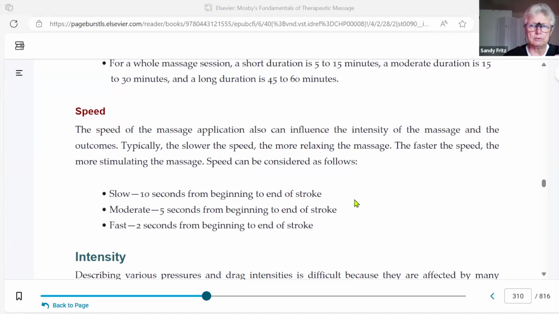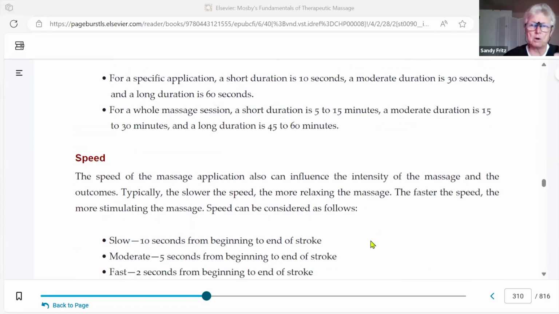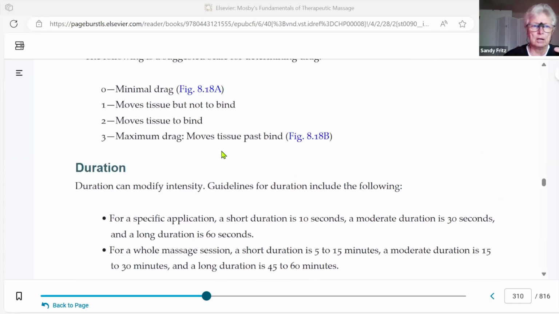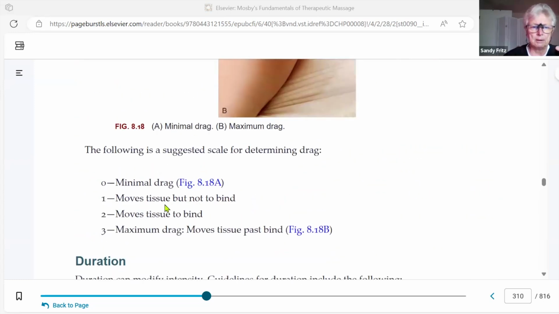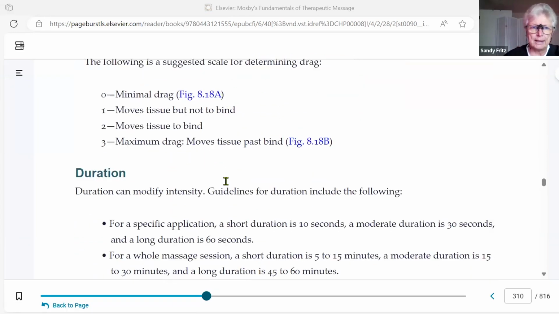And for the general relaxation massage that is most pleasurable to most people, we're going to have a moderate to firm, non-painful, moderate to firm pressure with a level 2 to level 1 drag.